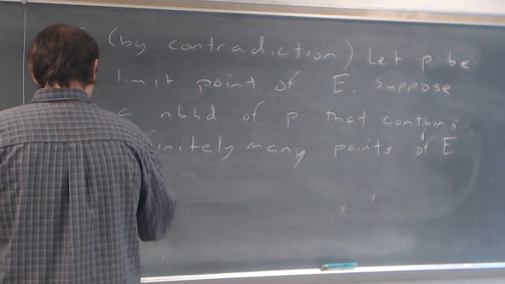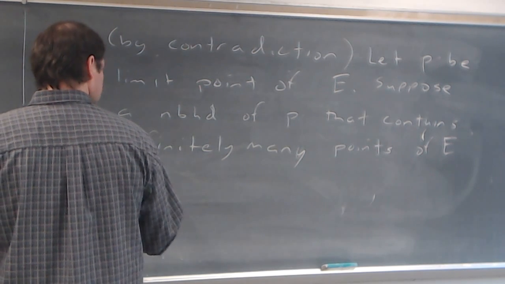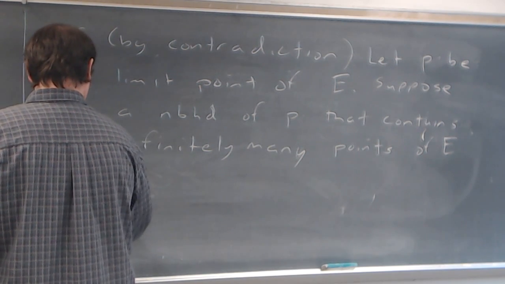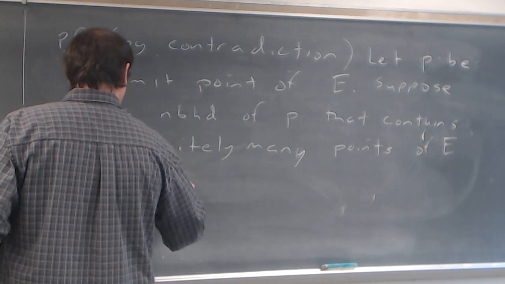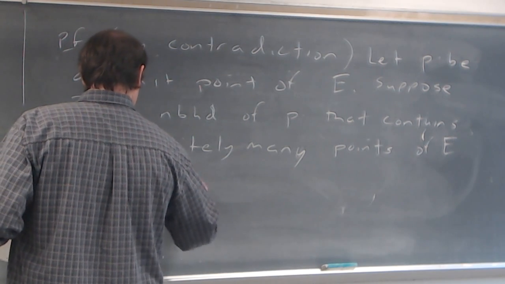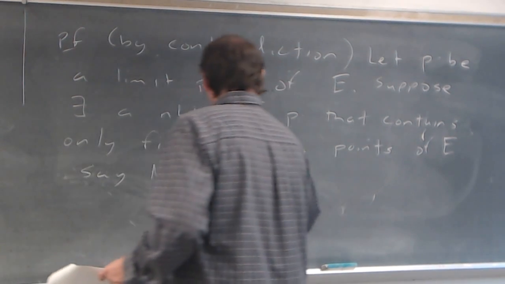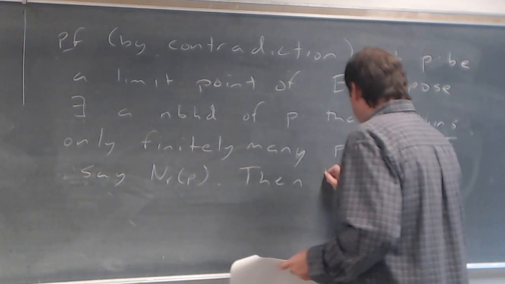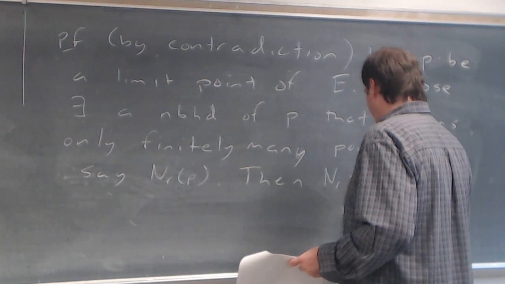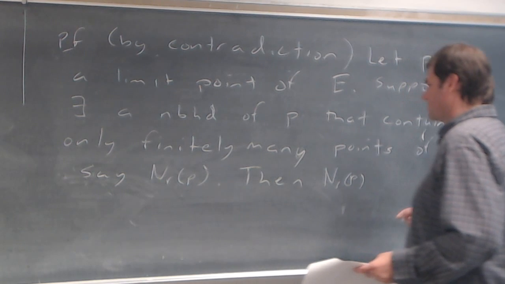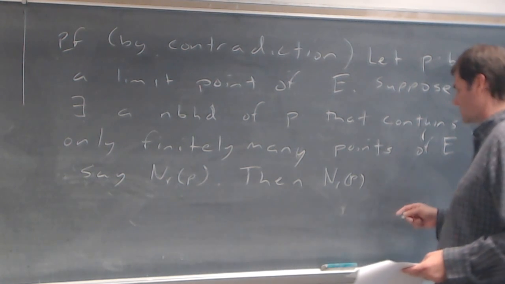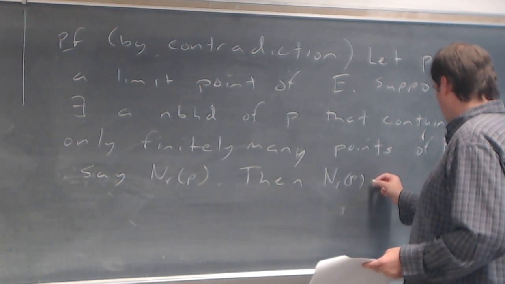So if we look at this neighborhood, let's call this neighborhood something first of all. Say N sub r of p. Then, if we look at N sub r of p, now it intersected with E only has finitely many points.